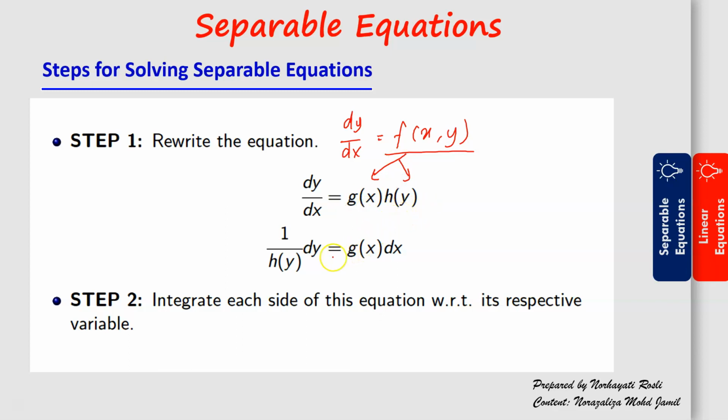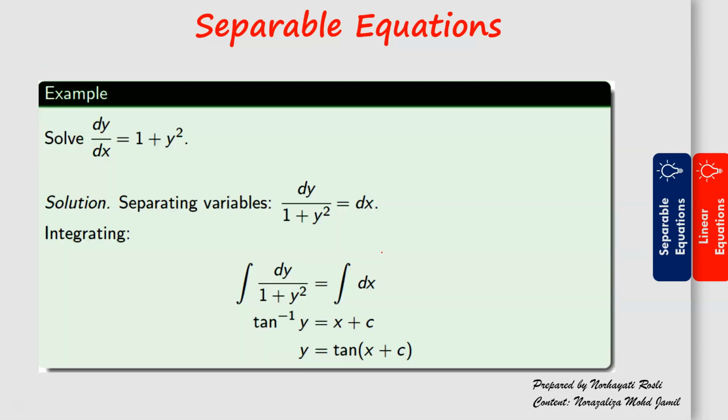Then you write the dependent variable term on the right hand side and the independent variable term at the left hand side. And then class, step number 2, once we have this, we can integrate both sides to get the solution of the respective ordinary differential equation.